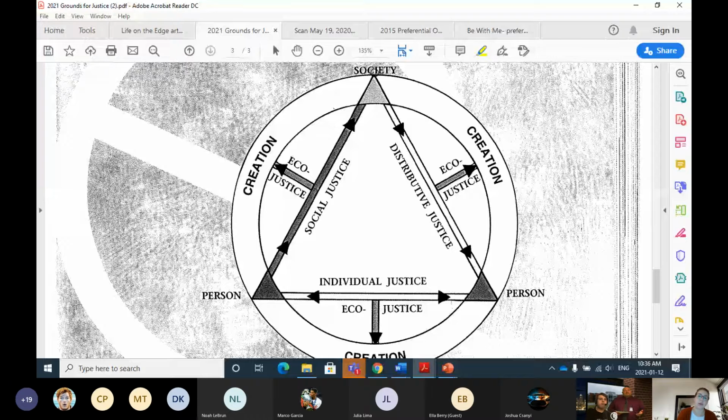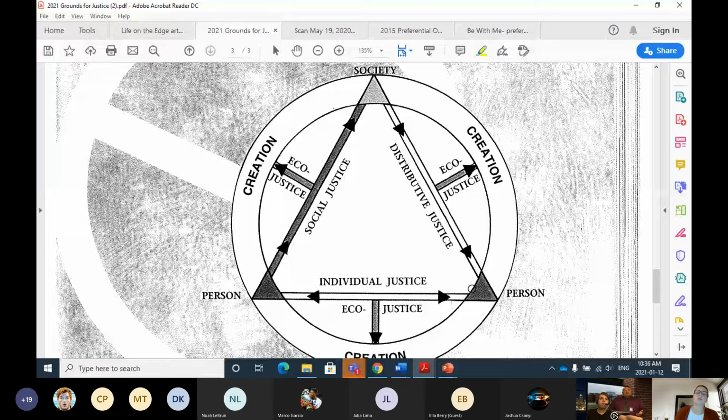Look at the arrows. And then you have social justice, which has to do with what people owe to society. So you can see you have ecological justice in all three of those areas. So I hope that this makes sense. You're going to kind of peek at the arrows and see where they're going for it to make sense.